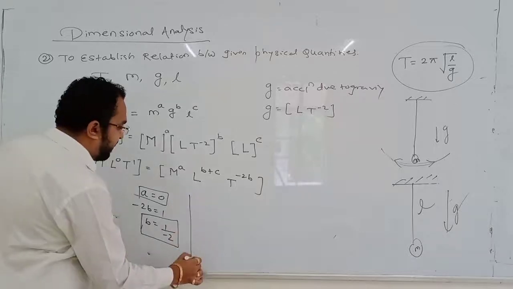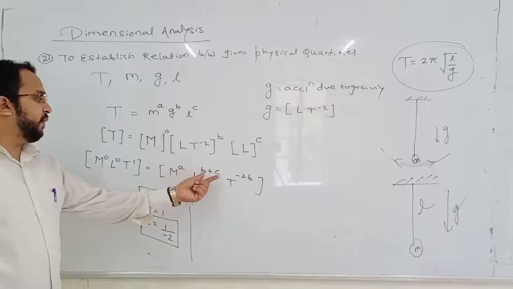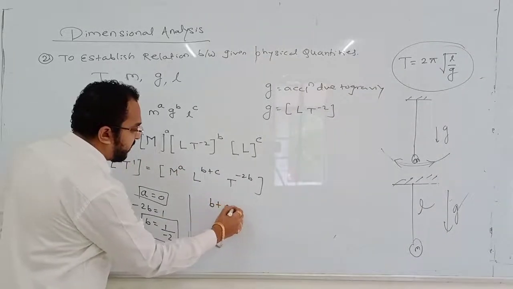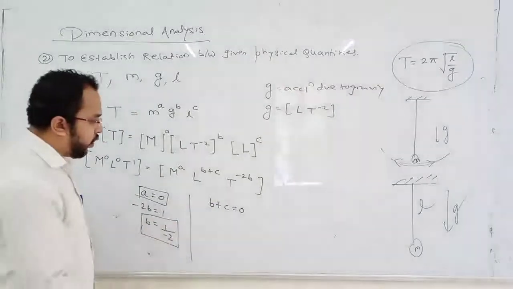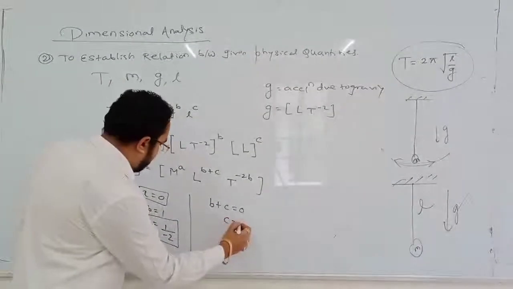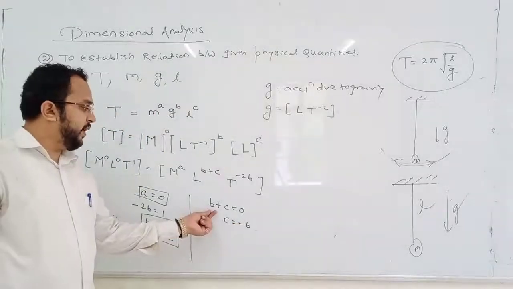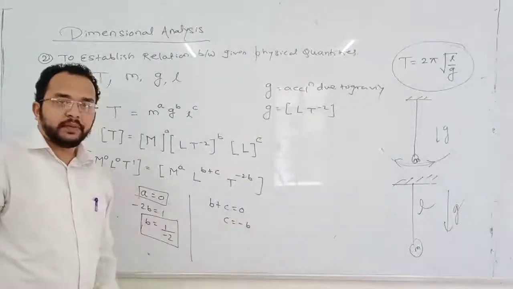Now the third comparison of power of L, that is b plus c is equal to 0. So we can write b plus c is equal to 0. When b plus c is equal to 0, c is equal to -b. When this positive b goes to RHS, it will become negative b.